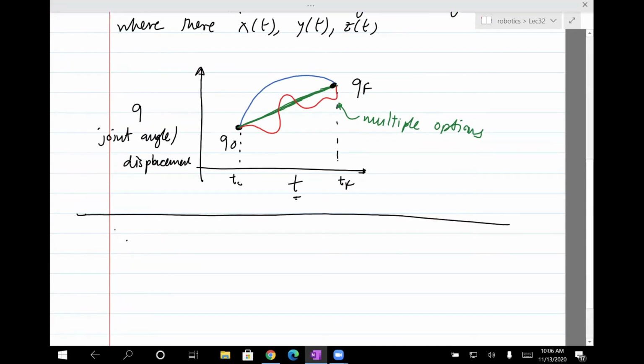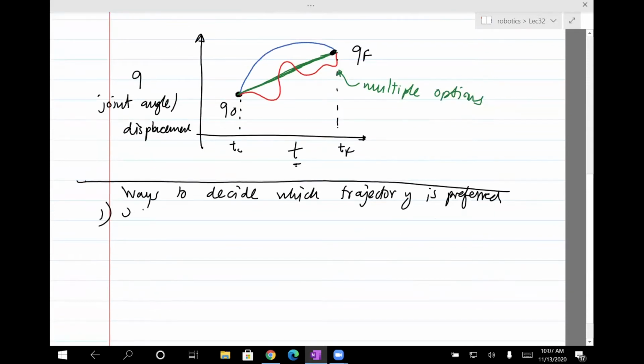Okay, so let me write this down. There are ways to decide which trajectory is preferred. So here are some candidates.